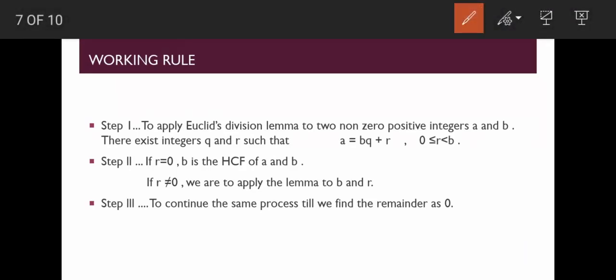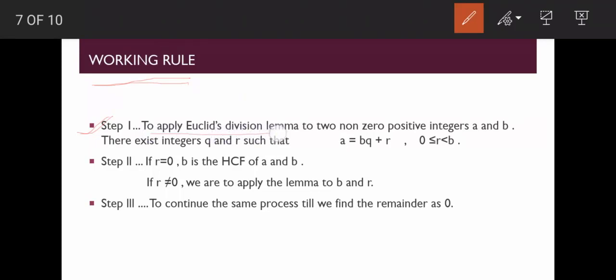The next important thing, as I have shown you, that we have to know is the working rule of Euclid's division algorithm. So let us check step 1. Since algorithm is nothing but some well-defined steps for solving certain questions in mathematics, step 1 is what?